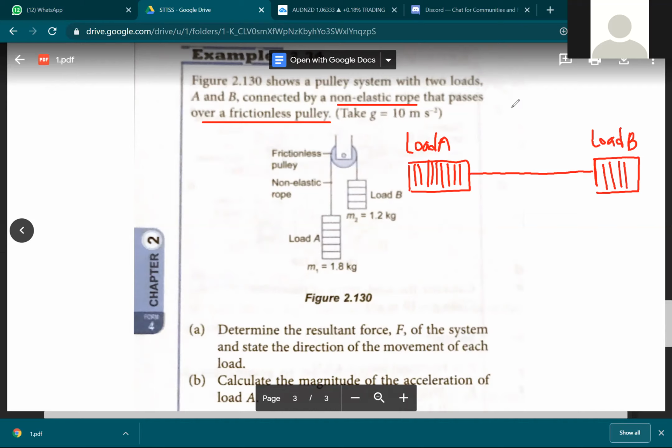Imagine I remove the pulley, and then it looks like this. Now, label the forces. Load A, there are forces acting to the left.